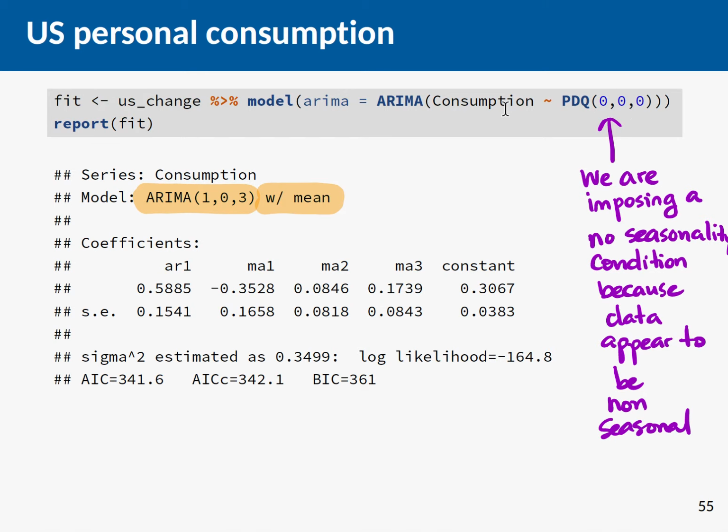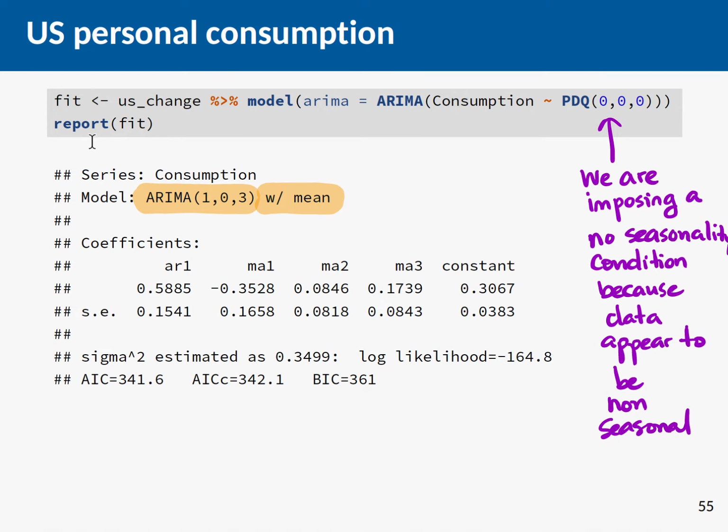So in this line of code, we are saying run the automatic ARIMA, tell us what the ARIMA model is, but make sure there is no seasonal model being estimated simultaneously. With PDQ as 0, 0, 0, we are imposing a no seasonality condition because the data appear to be non-seasonal. Now you may just want to run it without that, and you can do so.